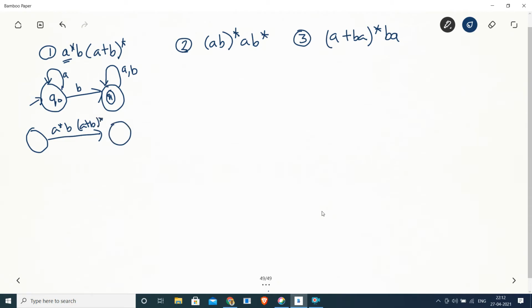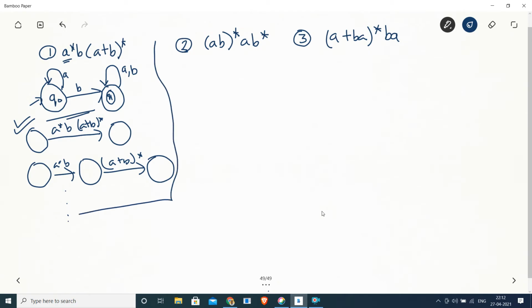Then we solve this state by state, that this state is a star b, then we move to another state, then again we say that it is (a plus b) star, and we can solve it by making different states. Just for the exam purpose, we can solve it by making different states, but at last we will go to this answer, that is the direct answer. So this is how we can convert a regular expression into a finite automata directly.